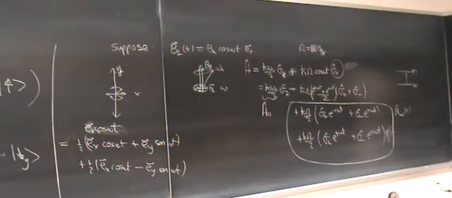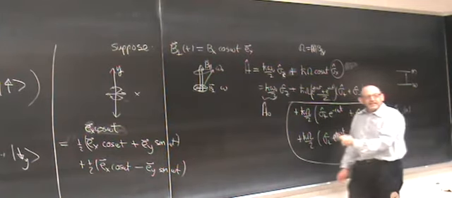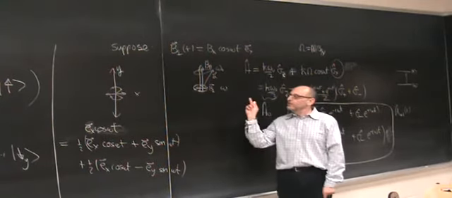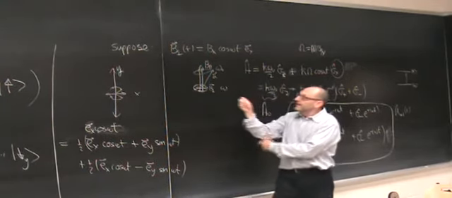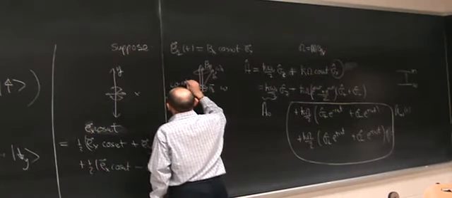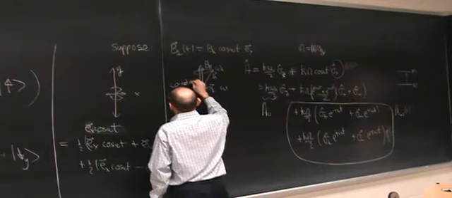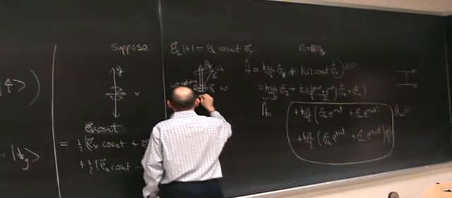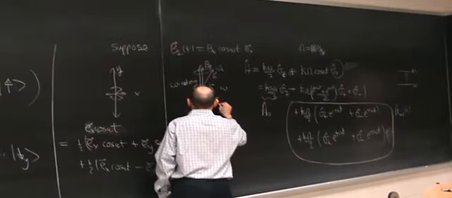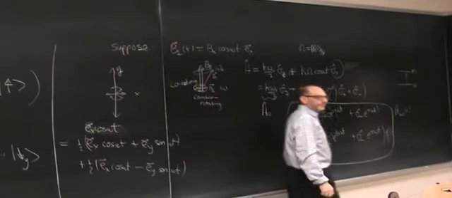Now let's think about the effect of the torque on this magnetic moment associated with the co-rotating and the counter-rotating fields.